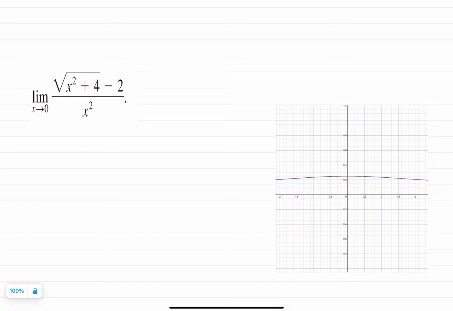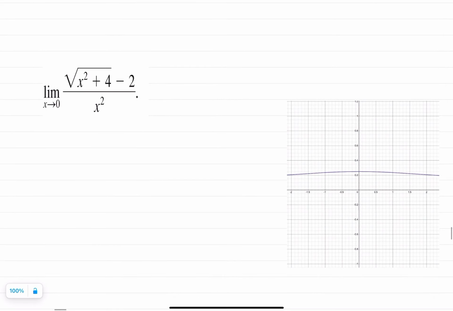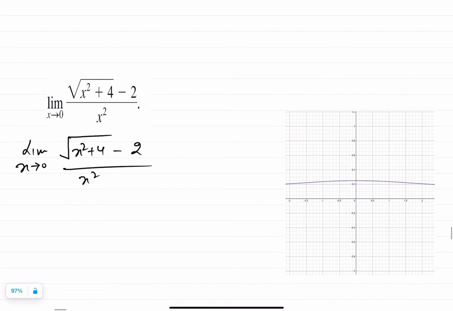So what we can do is, we can rationalize this. Limit x is approaching 0, square root of x squared plus 4 minus 2, divided by x squared. We can multiply both of the terms with square root of x squared plus 4.